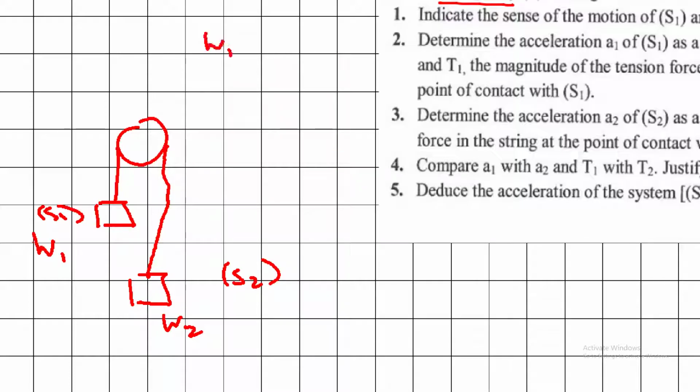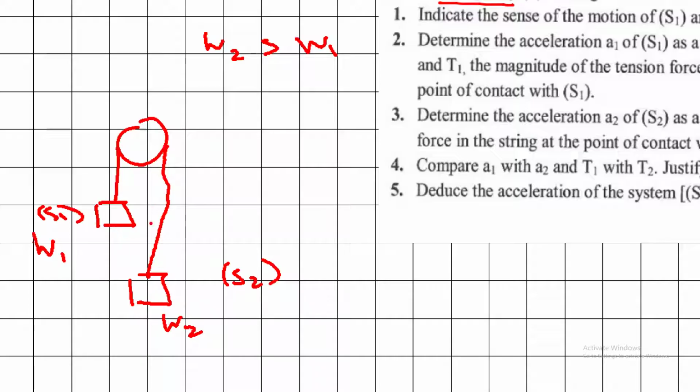If W1 is greater than W2, the action of this solid will be greater than this solid, so the pulley will rotate like this in the anti-clockwise direction. In the case of W2 greater than W1, the pulley will rotate in the clockwise direction, and this is reasonable because this weight will cause a tension greater than the other, and so on.